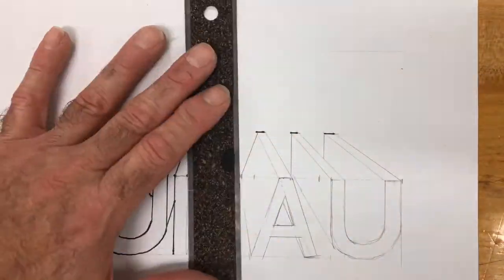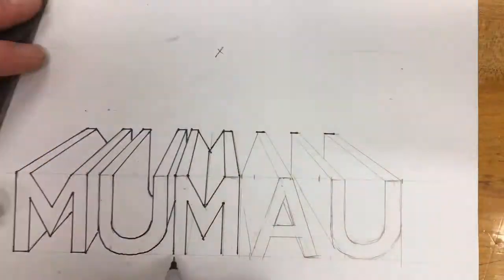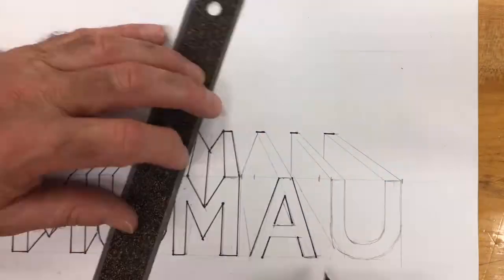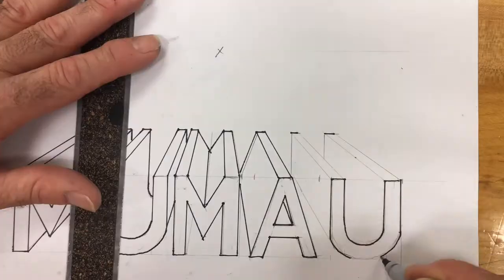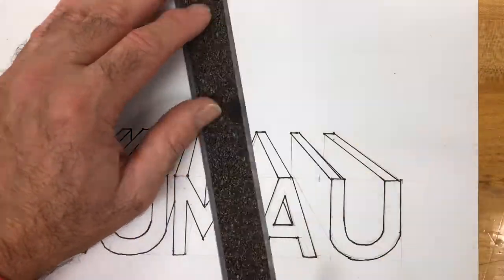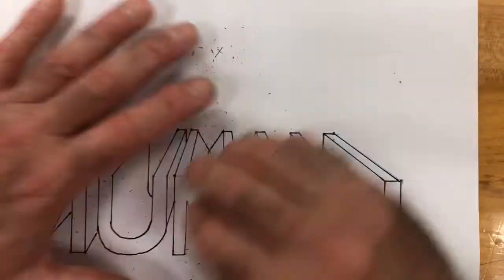And we want to take care when we're putting the ink down. We want to avoid smudging as much as possible. Get it finished up here. Be done in a couple seconds. Voila.